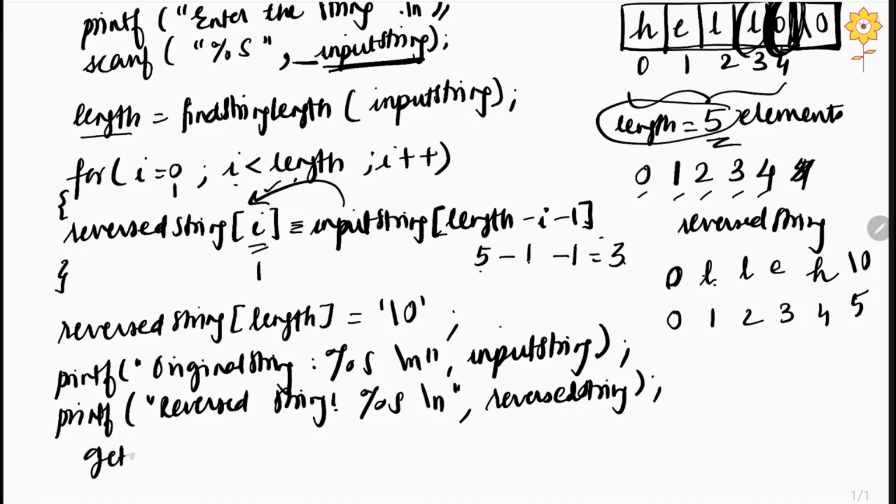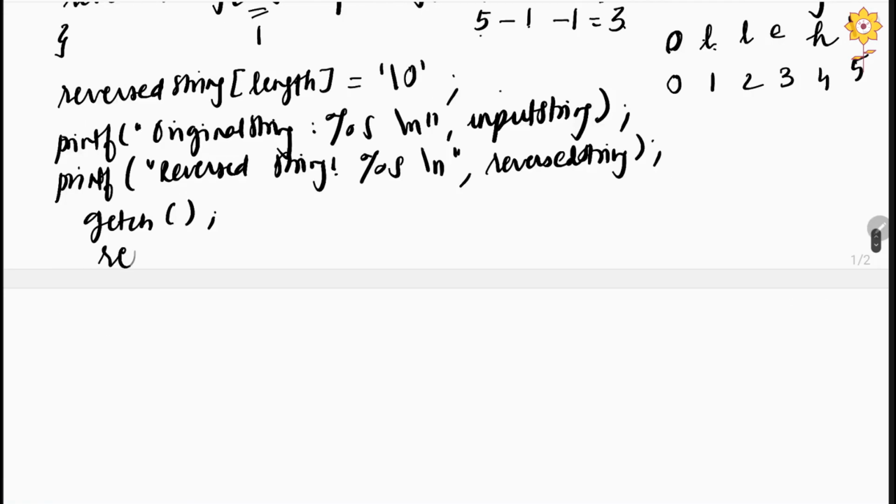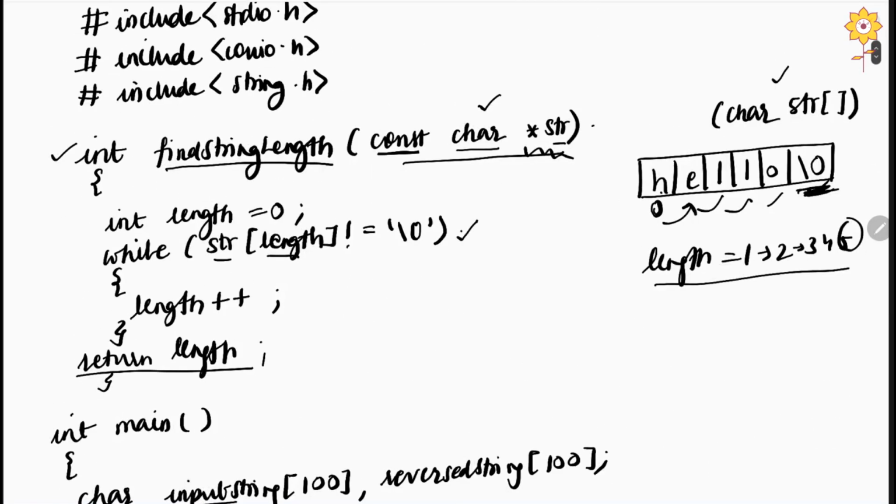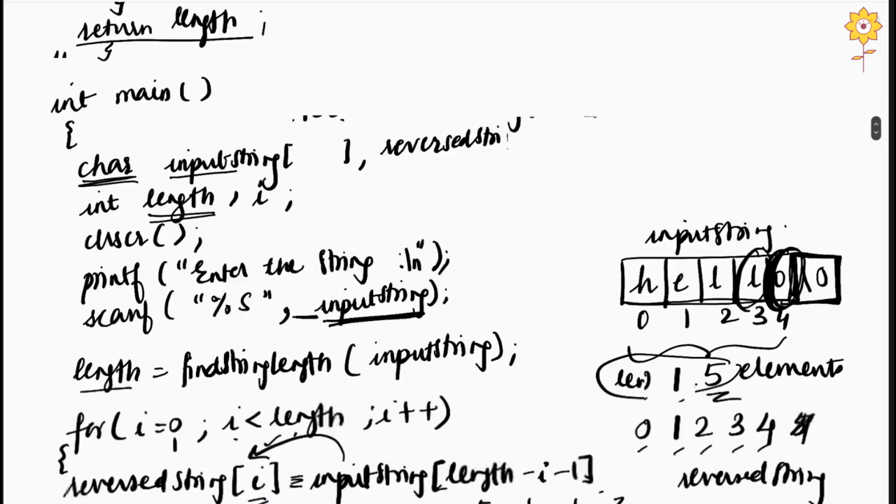Then you will write getch if you are using conio at the beginning, for Turbo C++. Then after getch, you will write return 0, and you will close your main's curly brace. Since we are using int main, we are writing return 0.